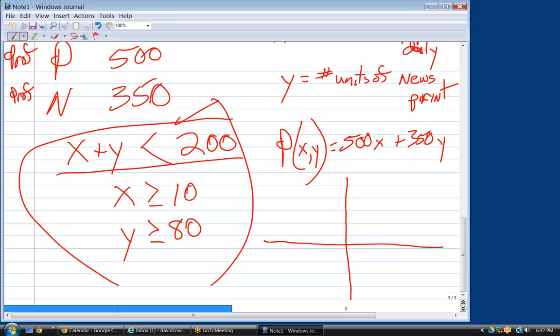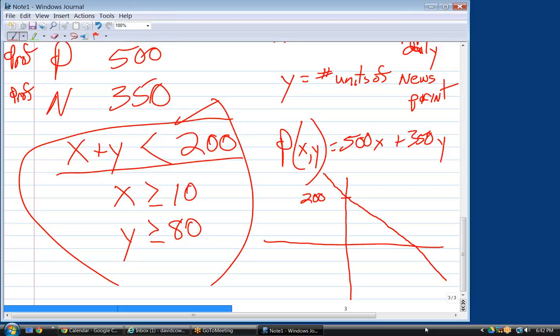Minus 1. We've got to take the x to the other side, so it makes it minus 1. So if I make this point here 200, and I draw a slope of minus 1, that's that line.